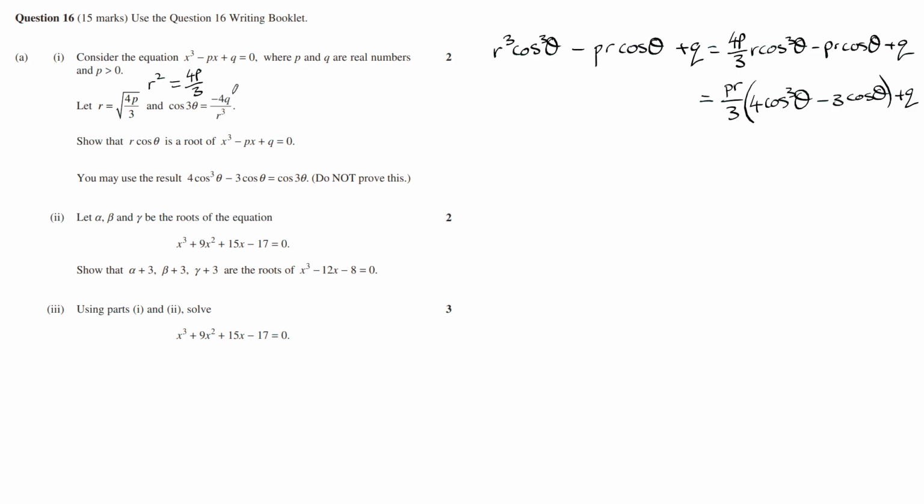And then also we know that cos 3 theta is negative 4q on r cubed, so that's what that is. So we've got pr on 3 times negative 4q on r cubed. And then we just need to simplify this, so that will cancel with one of those.